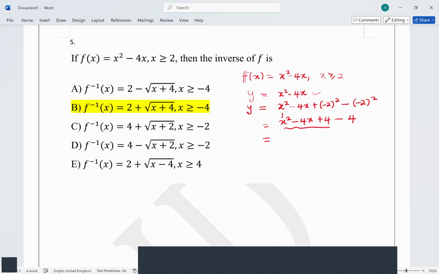So clearly, what do we have left? This first three terms is equivalent to x minus what? Minus 2 all squared. Then you have minus 4, right? Now this is y. So now we can solve for x in terms of y. y plus 4 is x minus 2 all squared. Then we can take the roots of both sides.